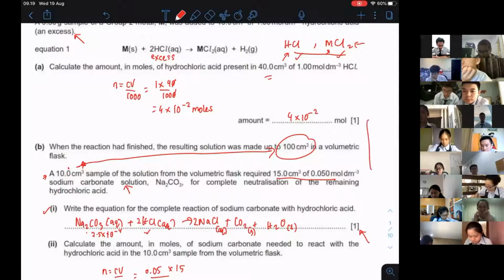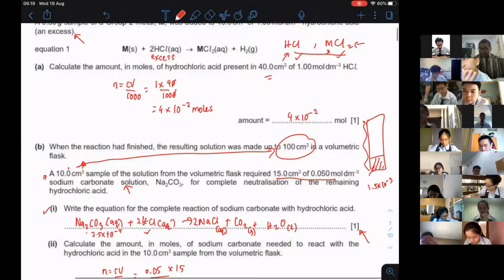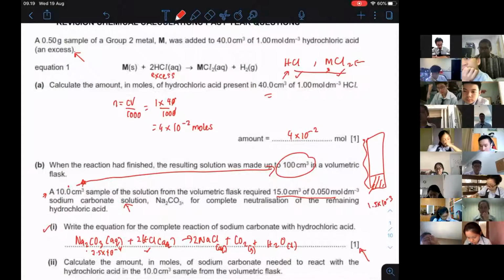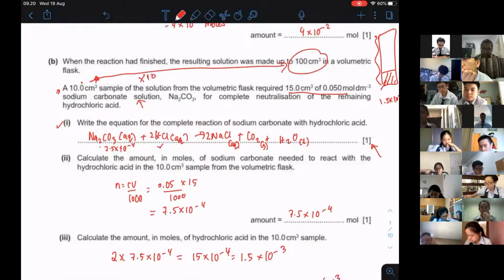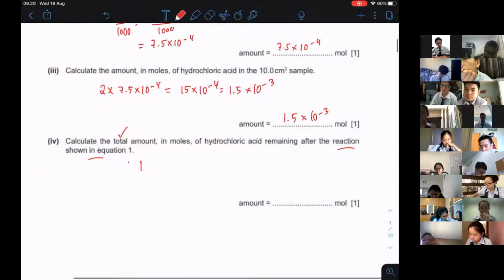For example, if you took only a small portion and that small portion is 1.5 times 10 to the power -3, you need to convert it to the full portion so that I know the total number of moles of HCl earlier which is not reacting. So I need to times by 10: 1.5 times 10 -3 times 10.